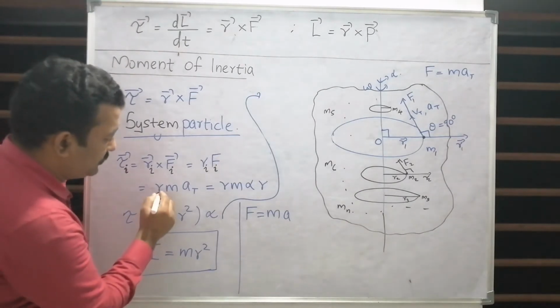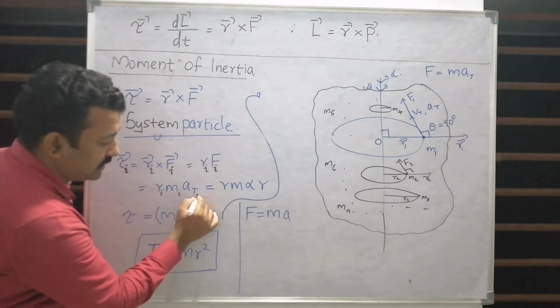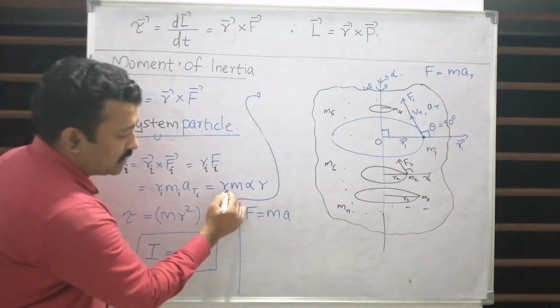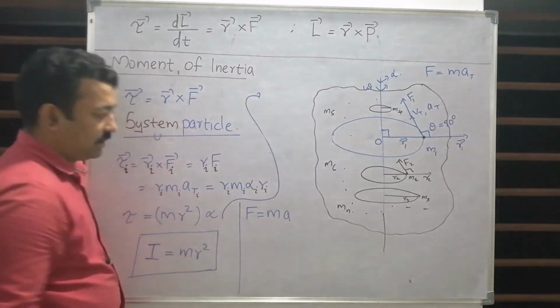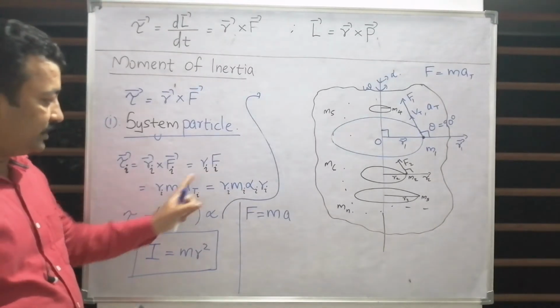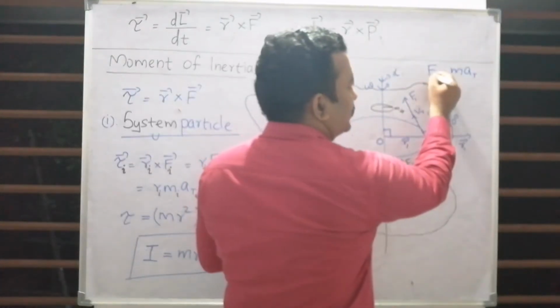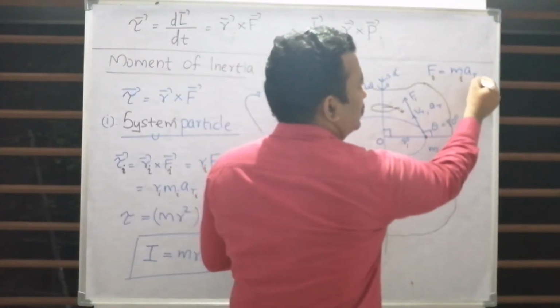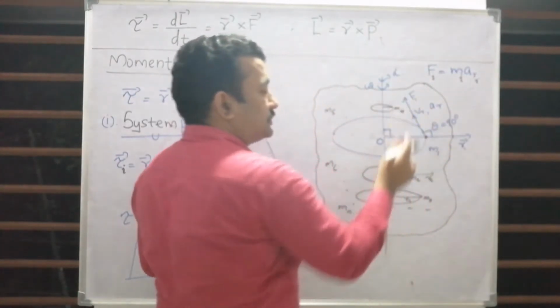So this will be ri, mi, ati, as fi is equal to mi ati. This is the force acting on the ith particle: mass into tangential acceleration.